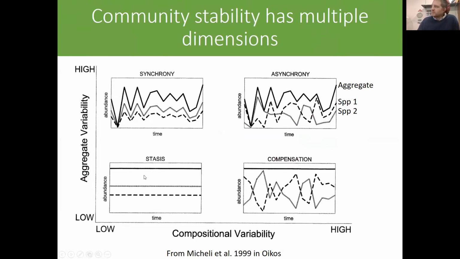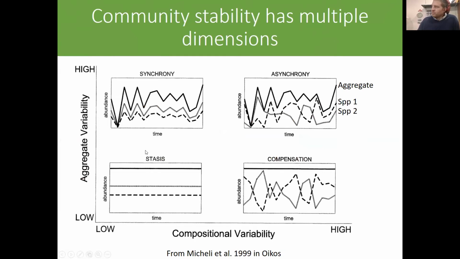But an important concept to point out is that we can have high variability in the aggregate metric, or aggregate biomass, while community composition remains relatively steady. And conversely, we can have a relatively stable aggregate biomass while community composition is changing, when we have compensatory dynamics.